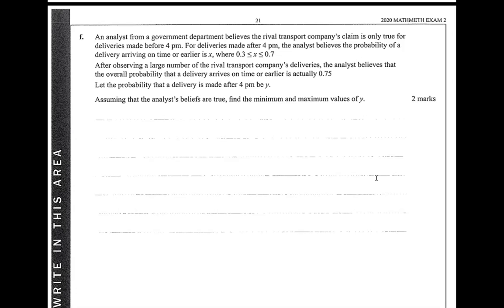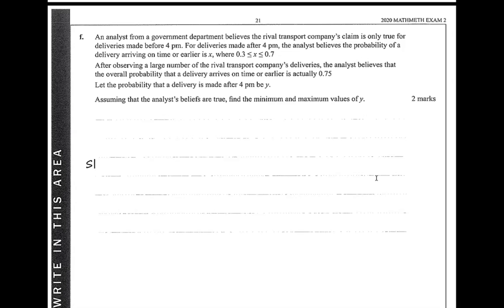After observing a large number of the rival transport company's deliveries, the analyst believes that the overall probability that a delivery arrives on time or earlier is actually 0.75. Let the probability that a delivery is made after 4 p.m. be Y.